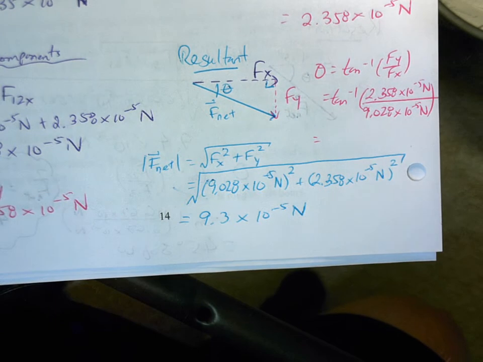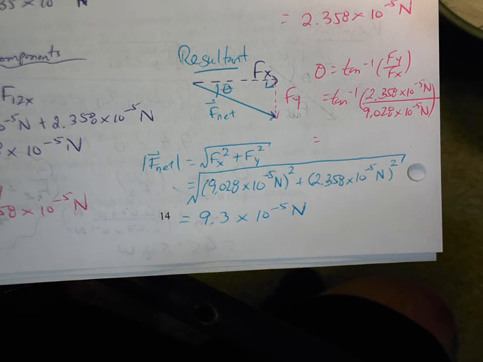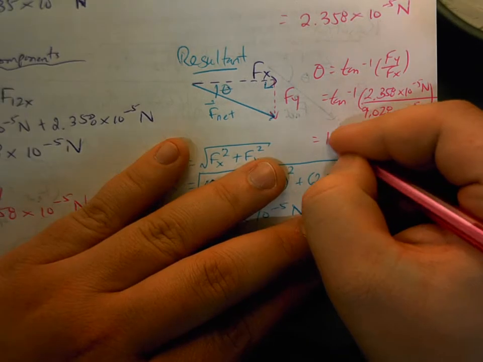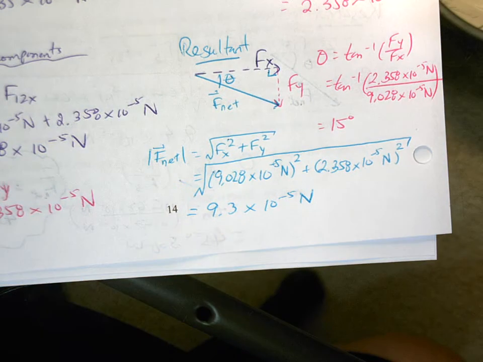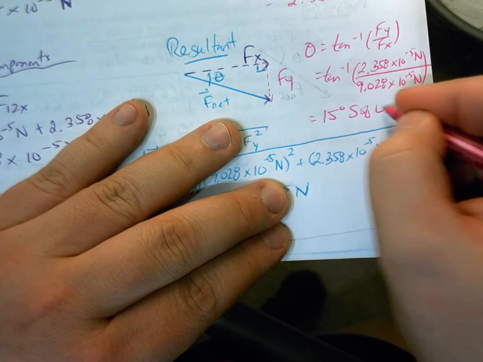So I'm really crammed for space here. I don't have a lot of room to put stuff, so we're going to make the best of the situation. So if we're really careful with the calculations, we're going to find that this angle is about 15 degrees. And based on what I've drawn here, I've drawn 15 degrees south of east.